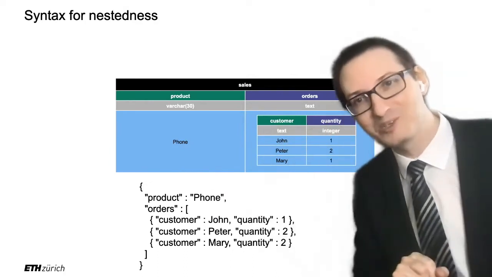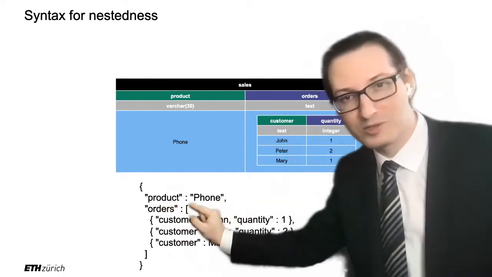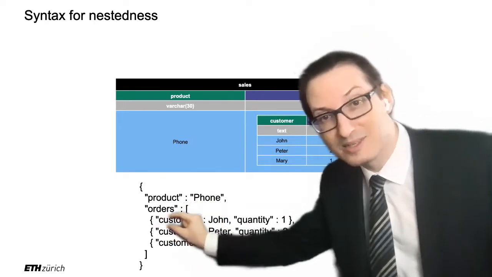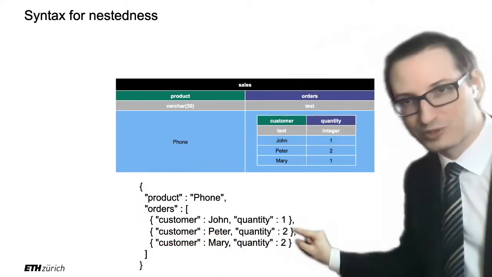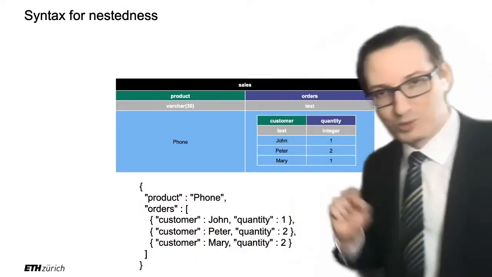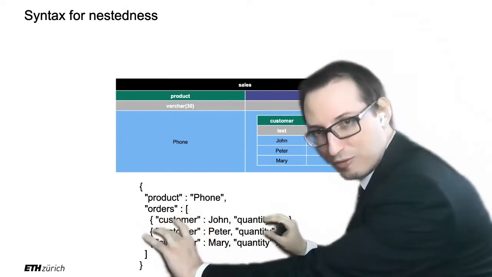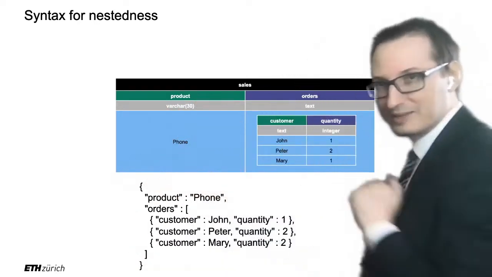And how does that work in JSON? With that trick: orders here, the second column, uses these fancy square brackets right there, and I nest here an object and an object and an object, just comma separated. So you see now how I have a table as an array of objects inside a record, that record right there.